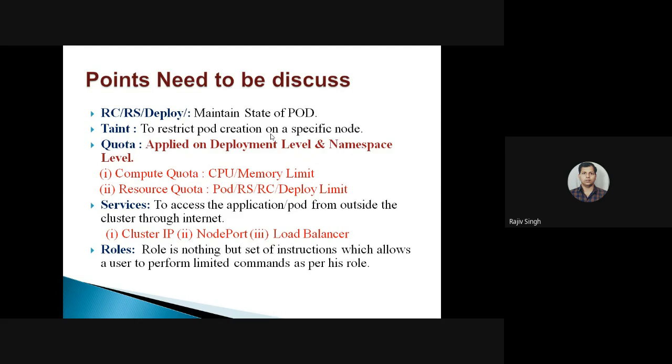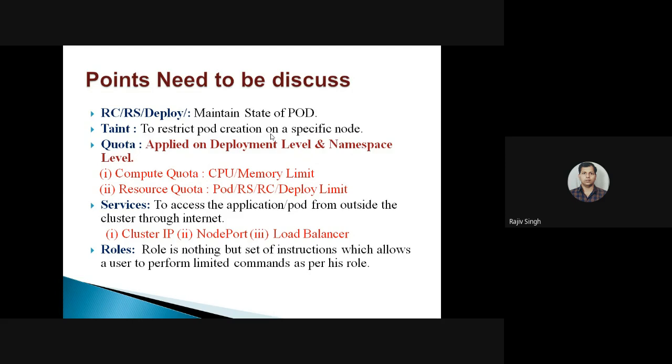So services, next point is services. Majorly there are three types of services which are used to communicate with pods within the cluster and outside the cluster. Cluster IP is used to communicate from one pod to another.